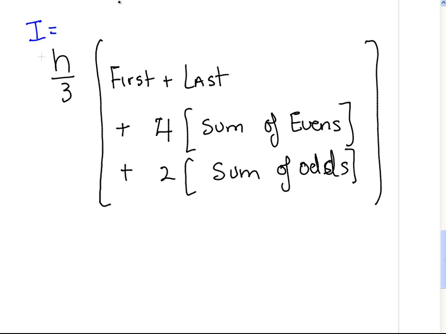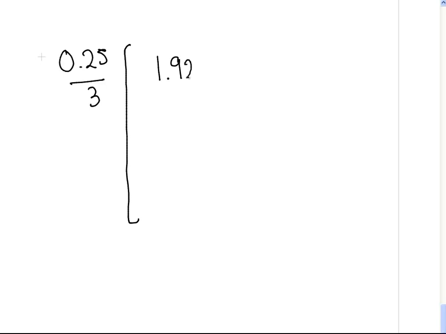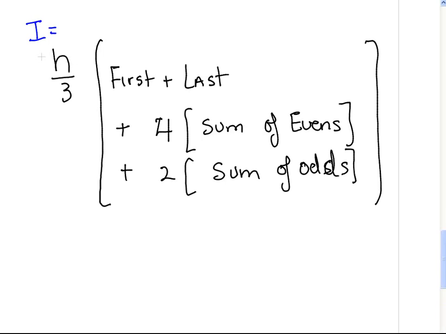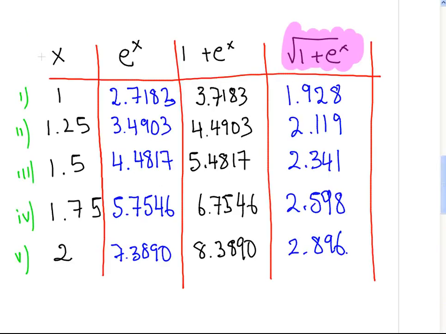So first let's put in the first and last value. Let's do this again on a new page. This is 0.25 over 3. The first value, if you look back, was 1.928. The last value was 2.896. Now we're going to do 4 times the sum of the evens.